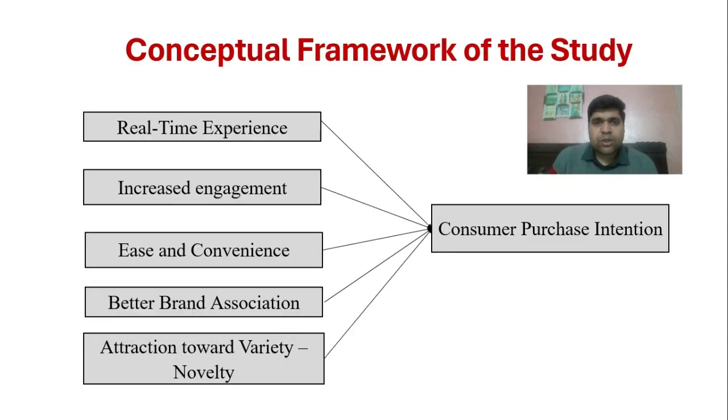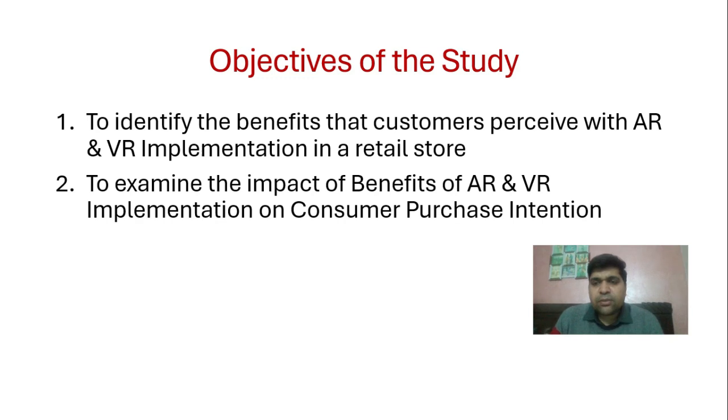This is the conceptual framework of the study. The independent variables are on the left side, and the dependent variable, consumer purchase intention, is on the right side. These are the objectives of the study: to identify the benefits that customers perceive.